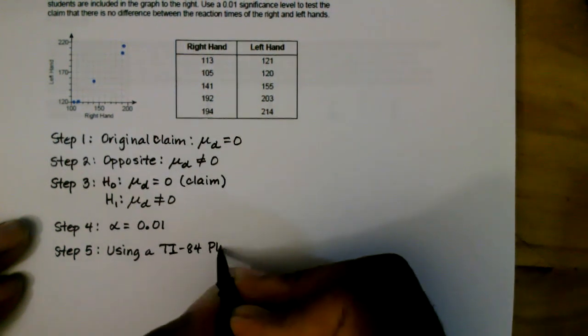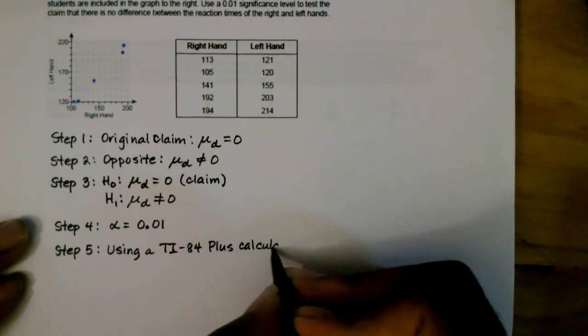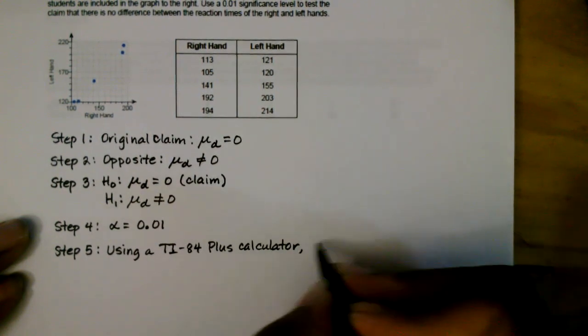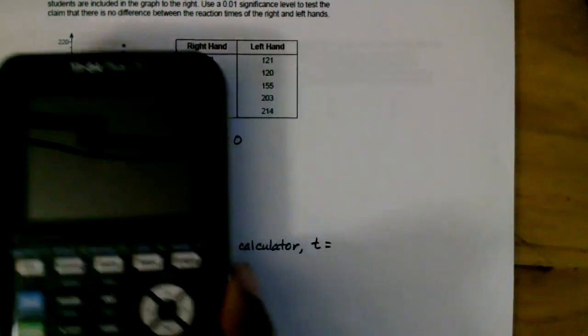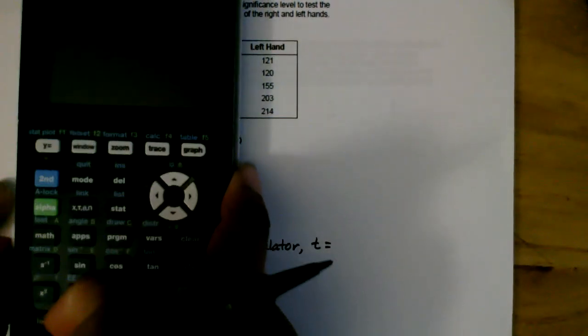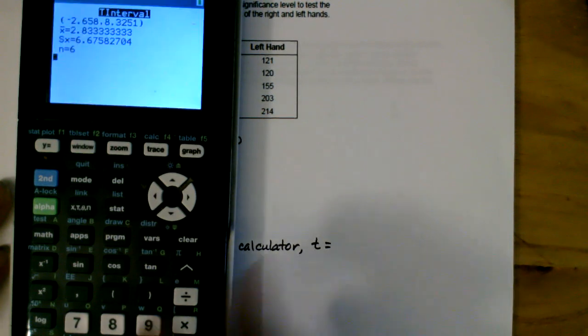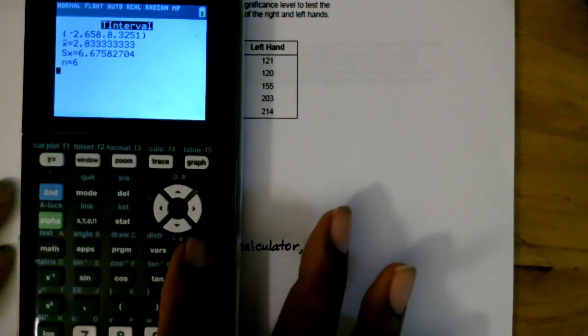So I'm going to go ahead and use the TI-84 plus calculator to get my test statistic. And I'm going to find out what T is. Okay. So I need to do this first. Clear the data that's in L1, L2, and L3.